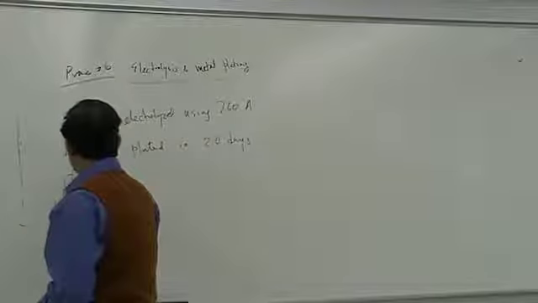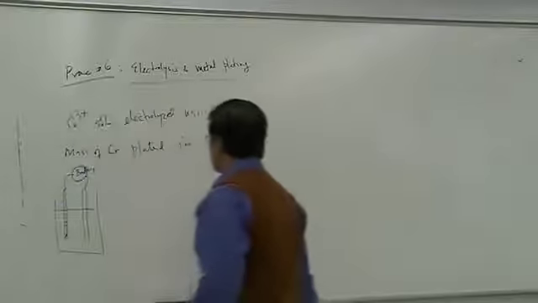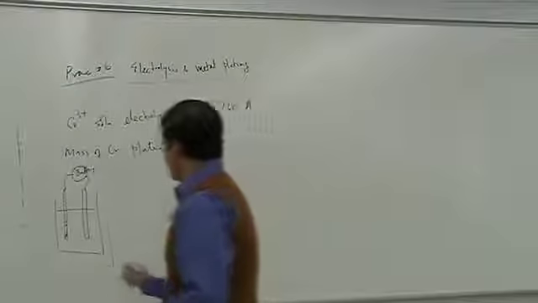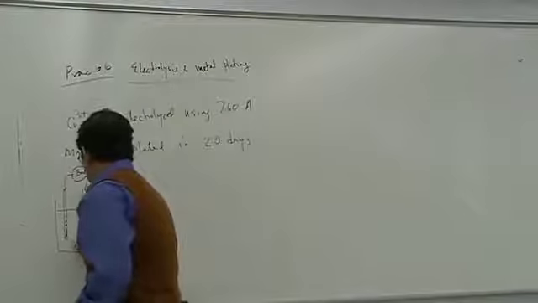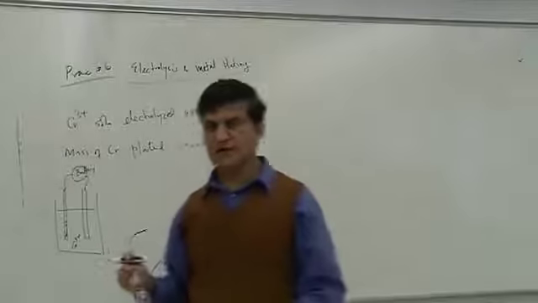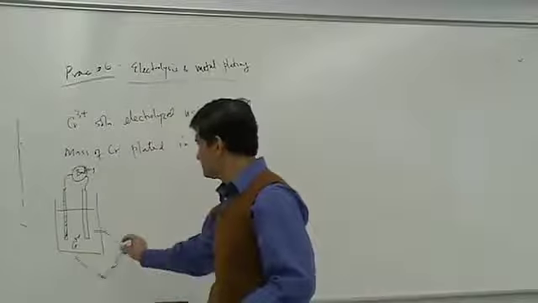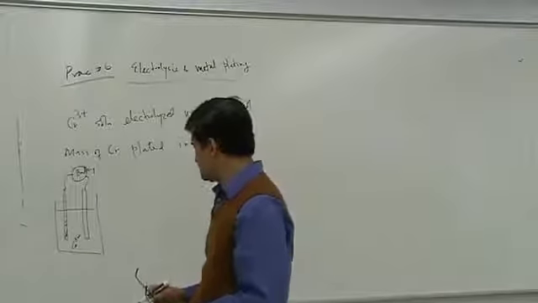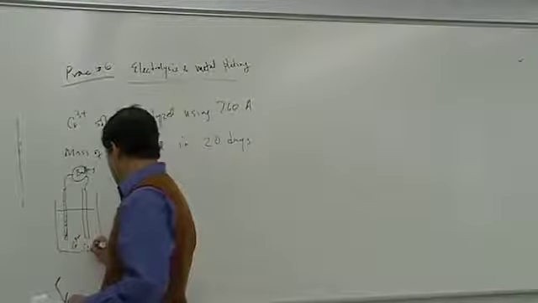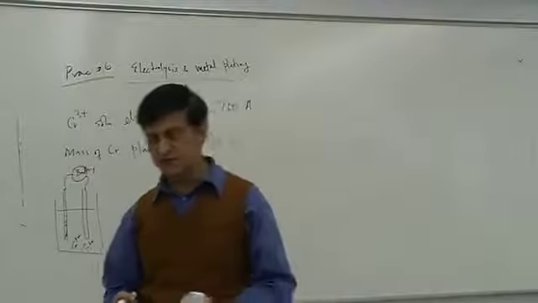So let's call it the battery. If you have a chromium 3 plus solution, you can get it from many compounds like chromium nitrate. If I have chromium nitrate, that will break down into chromium 3 plus in water solution. So you may have lots of these chromium 3 plus, and nitrate will be floating around. It's not going to take part in the reaction.